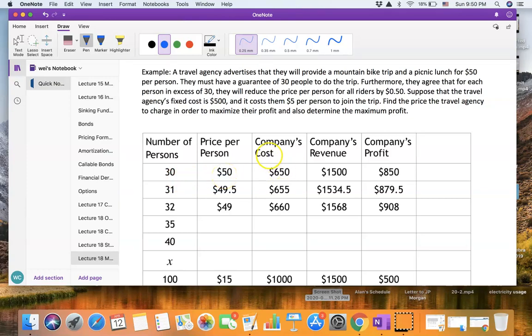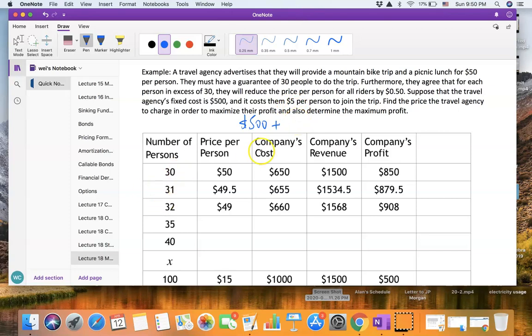And the company's cost, how does this number 650 come? Because the fixed cost is 500, and in addition, for each person, the travel agent will pay $5.